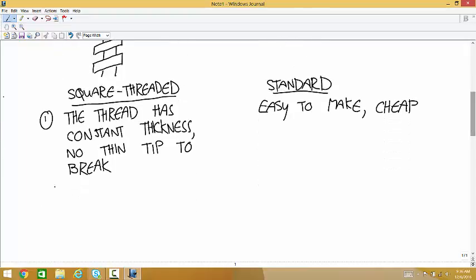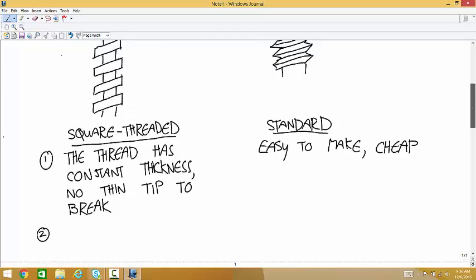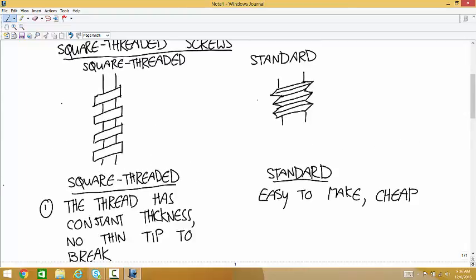And then the second benefit of a square threaded screw is, if you think of the forces being applied between, I'm going to describe it as the screw moving in the base. So the screw has a thread, the base has a thread, and the screw moves in the thread of the base.